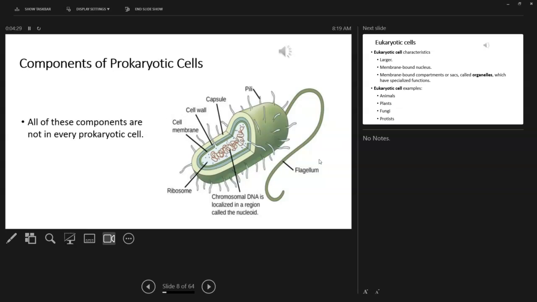They can be used by the cell to connect to another cell, and then one cell can send DNA into another cell through that sort of conjugation pilus. And then the flagellum, or the tail. This is usually for swimming, and most bacteria and archaeans don't have that, but a few species do.